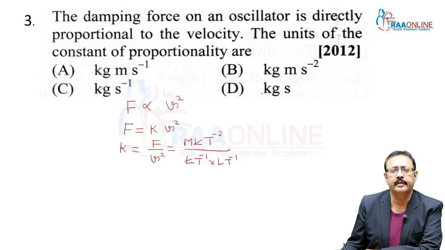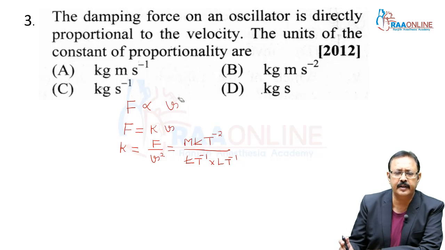Velocity square. No, it is directly proportional to the velocity, not velocity square. It is directly proportional to velocity. So we have to write only 1 LT minus 1.